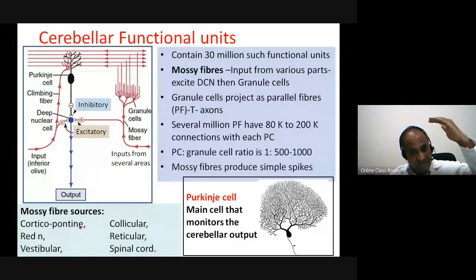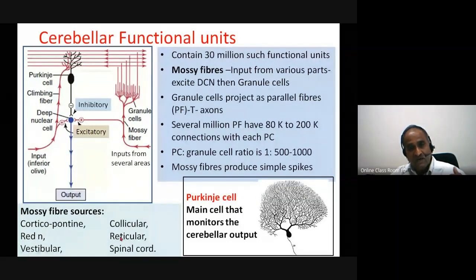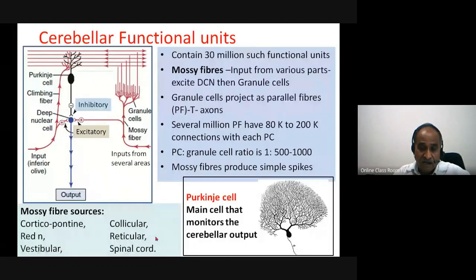Corticopontine from the cerebral cortex, the premotor area, to the pons, the red nucleus, the rubrocerebellar, vestibulocerebellar, colliculocerebellar, reticulocerebellar, spinocerebellar, the dorsal and ventral cuneocerebellar activity. These are the mossy fiber inputs. They come from various parts and initially excite the deep cerebellar nucleus.